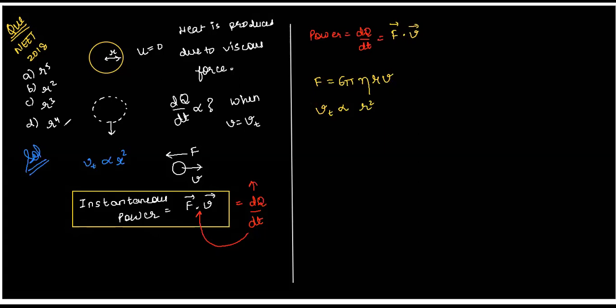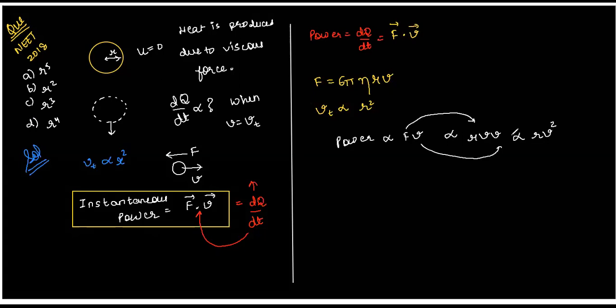Any option you would like to choose, Atul? How would you find out? I think R power 3. Let's see. Power is proportional to force into velocity. Force is proportional to r into v, and v directly gives r into v square.